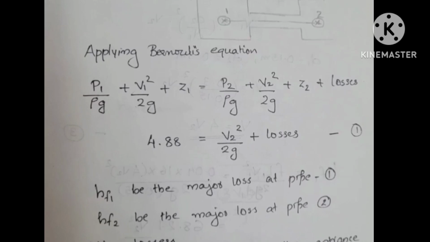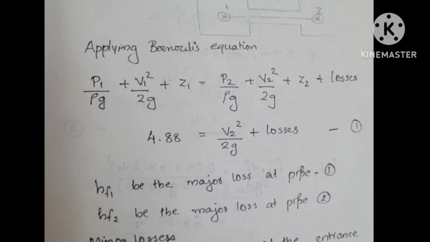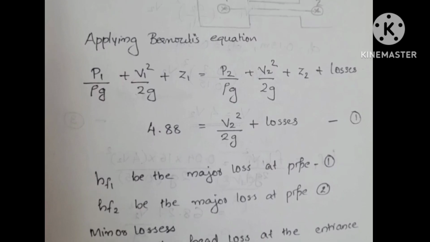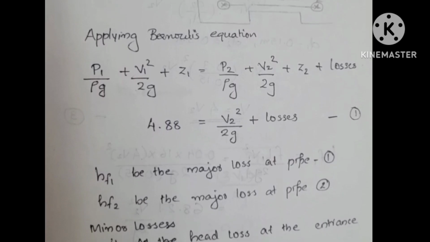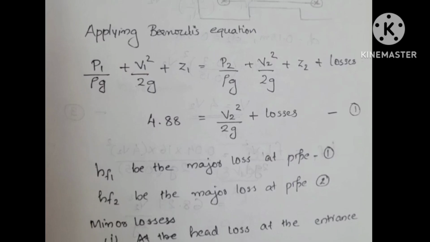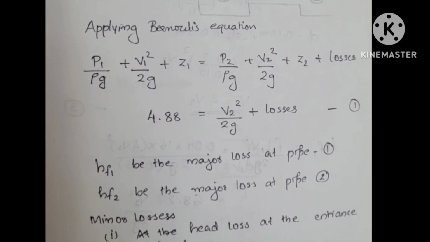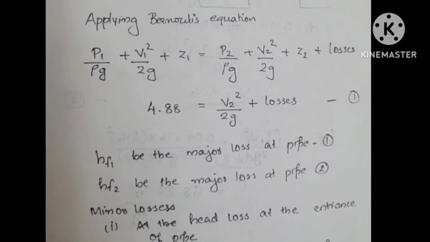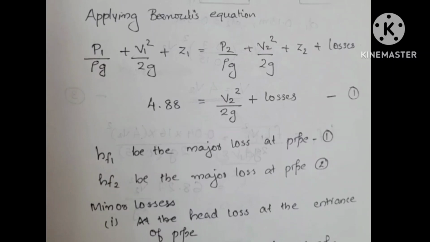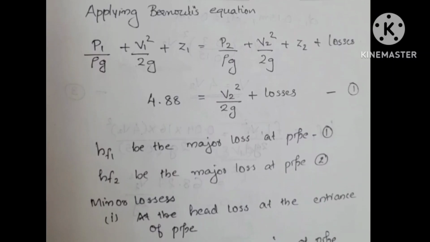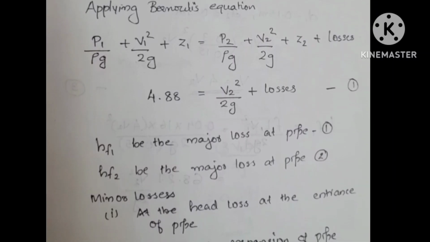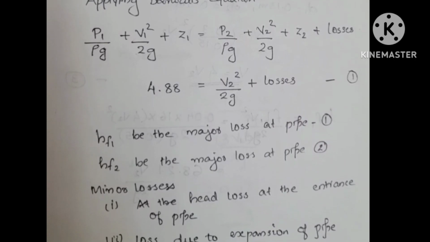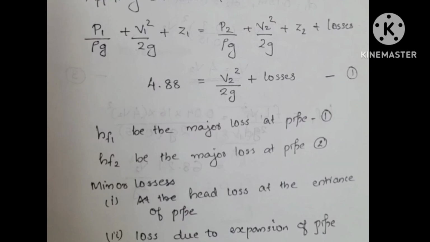Then we are considering minor losses at the entrance of pipe, and due to sudden expansion of pipe from diameter 0.15 to 0.3. Mainly two minor losses: one is at the entrance of pipe, that is from reservoir to the pipe, and then the sudden expansion of pipe.